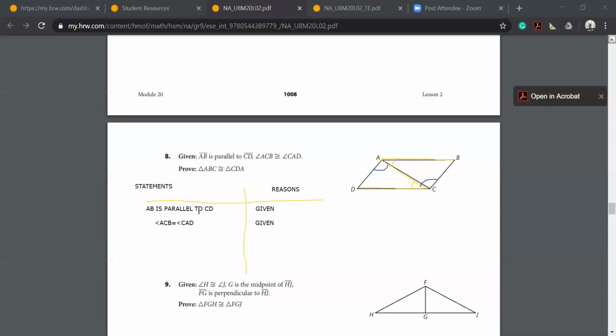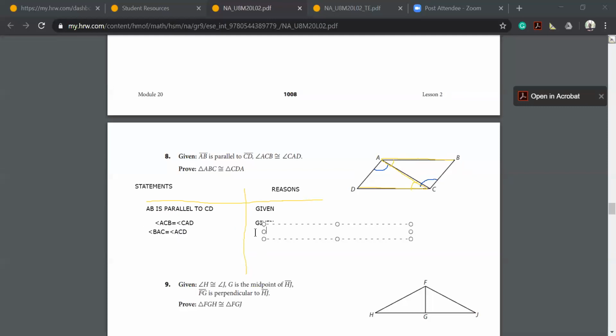Since AB is parallel to CD, I can say that angle BAC, the yellow one, is equal to angle ACD. Why?